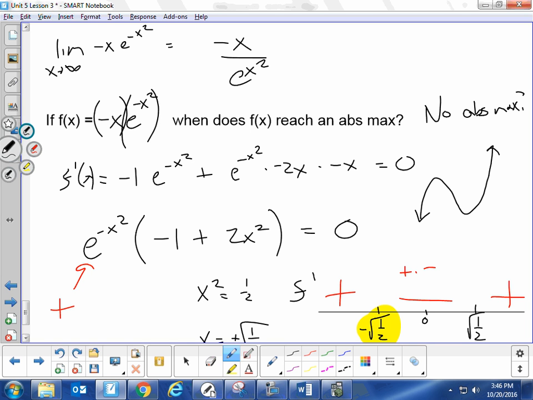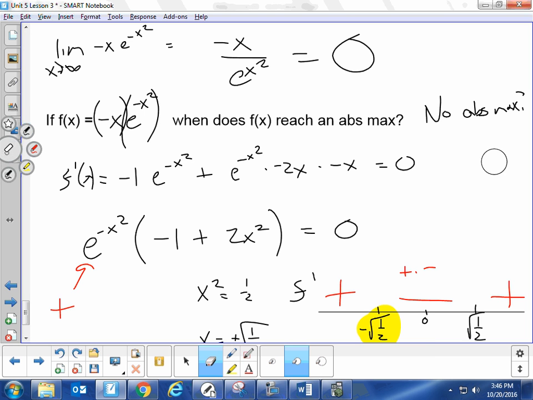As x approaches infinity, the numerator is growing, but the denominator is growing much, much faster than the numerator. What will this approach? This is approaching 0. If we looked at the other direction, as x approaches negative infinity, since I'd be squaring it, we're approaching 0.